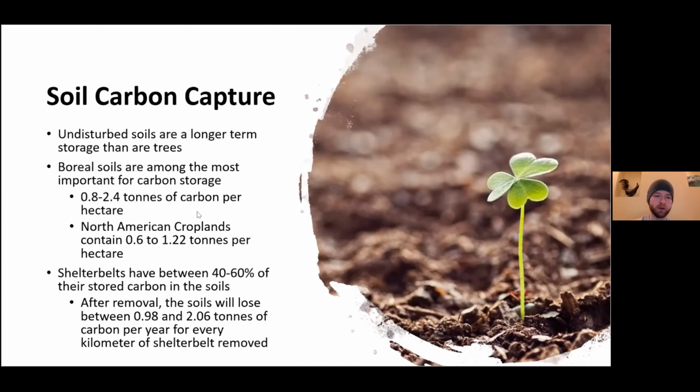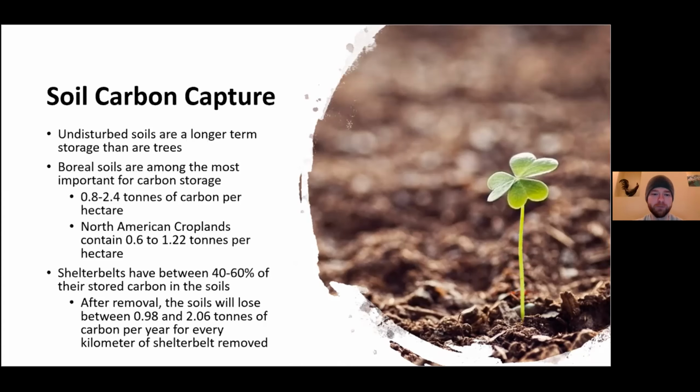So our boreal soils tend to be very important and high in carbon storage. And the way that works is when they're disturbed, soils end up releasing their carbon, which is not good, as well as destroying that environment that potentially can grab the excess carbon from the atmosphere.